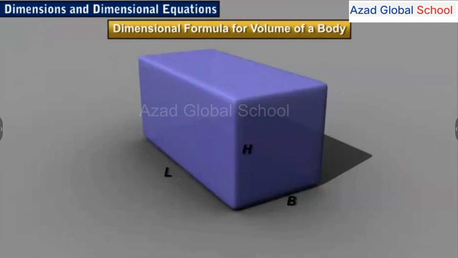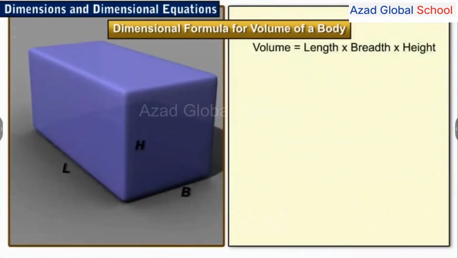Following the same methodology, we find the dimensional formula for the volume of a body. Volume is a product of length, breadth and height. Height also represents the base quantity length.